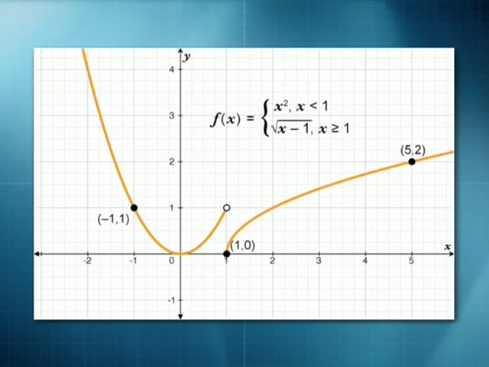And then the other part of the curve will look like the square root function, but it's been shifted to the right 1 unit. Interesting looking, isn't it? It's got two pieces. Part of it is kind of a parabola, and the other part looks like our friend, the square root function. And this kind of function is important in calculus because you can't draw it without lifting up your pencil. It's not continuous when x is 1.